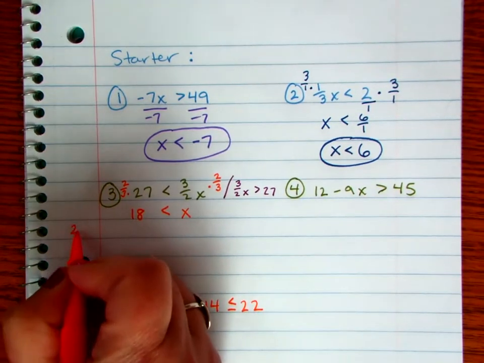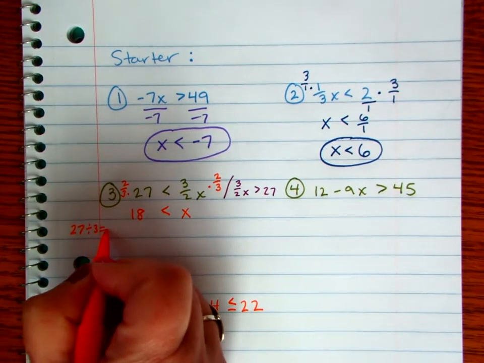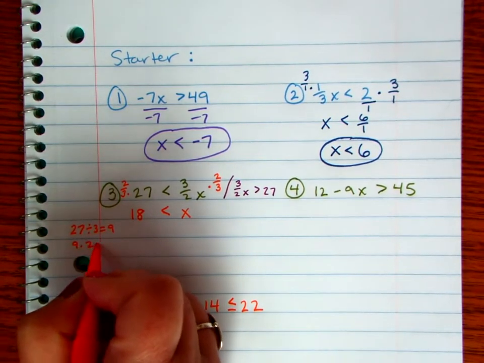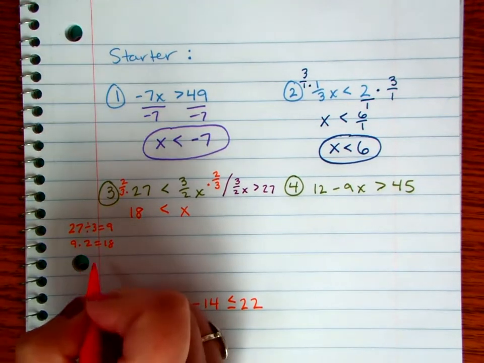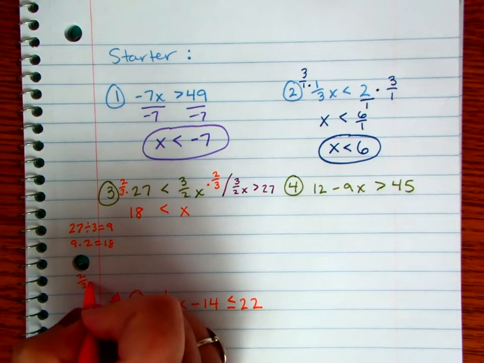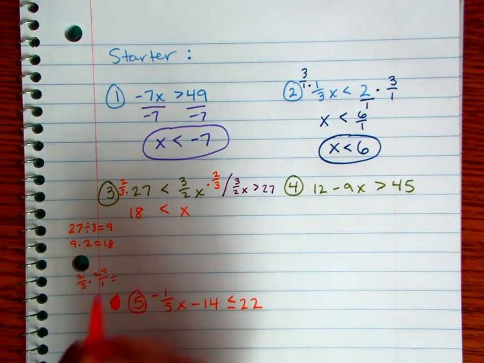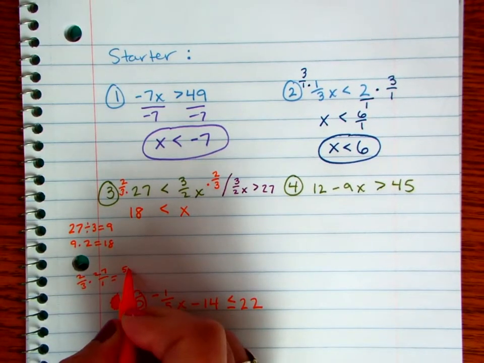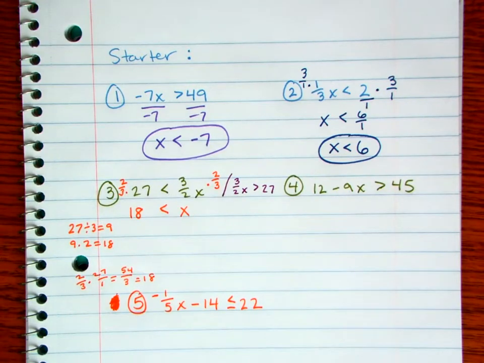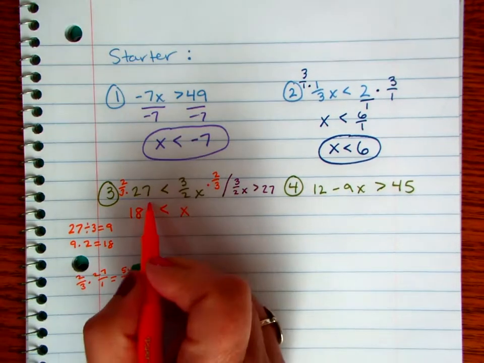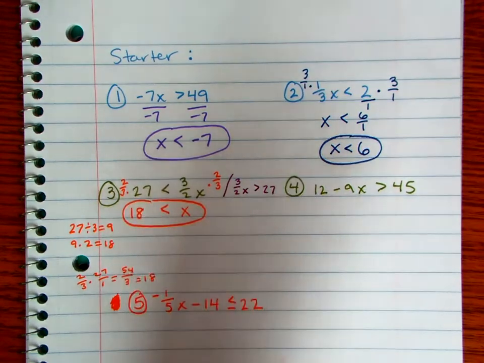So you can think of that this way. 27 divided by 3 is 9. 9 times 2 is 18. Or, of course, you could just multiply that as two fractions. 2/3 times 27/1, which in this case is 54/3, which is also 18. Either way you want to go with that is fine, but my final answer is 18 is less than x.